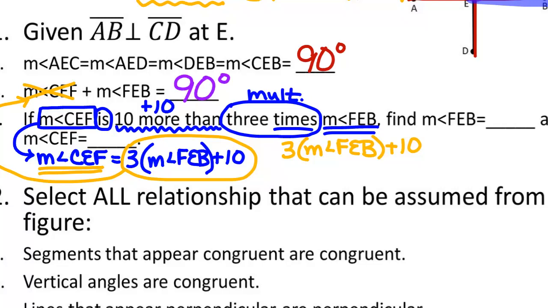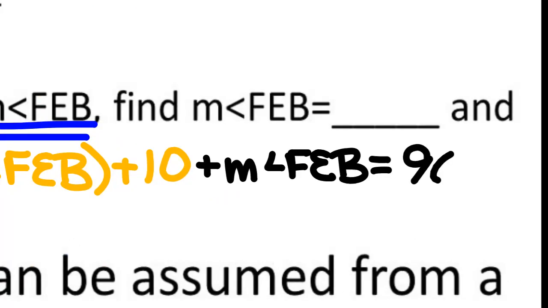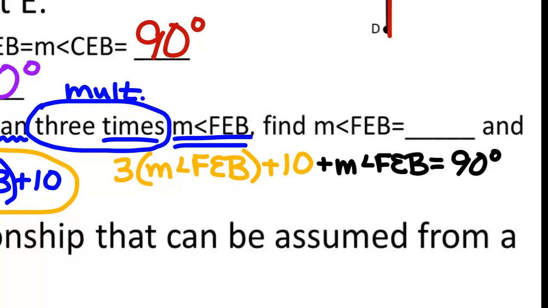So I need my plus sign, measure of angle FEB. I need my equal sign, and it's equal to what? 90 degrees. That's a lot.